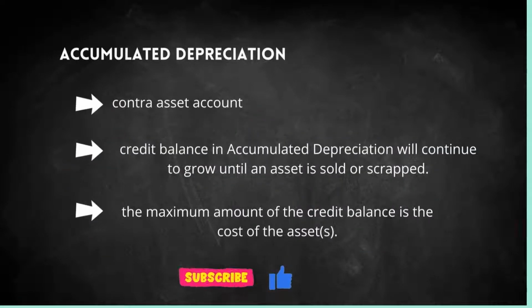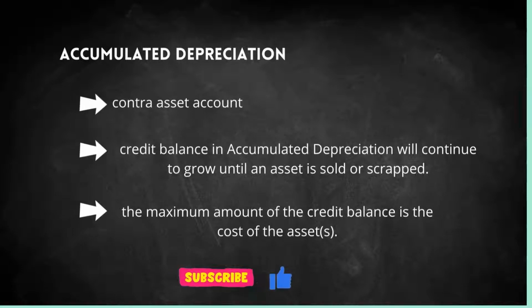And then accumulated depreciation is known as a contra asset account because it has a credit balance instead of a debit balance that is typical for asset accounts. Whenever depreciation expense is debited for the periodic depreciation of the buildings, equipment, and vehicles, accumulated depreciation is credited.